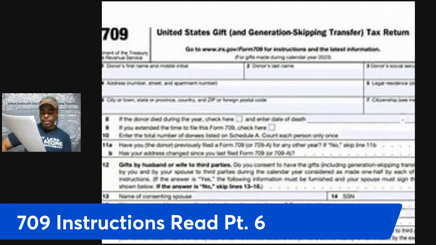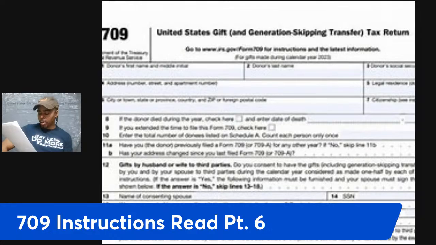Our legal right to ask for the information requested on this form is found in sections 6001, 6011, 6019, 6061, and their regulations. You are required to provide the information requested on this form.